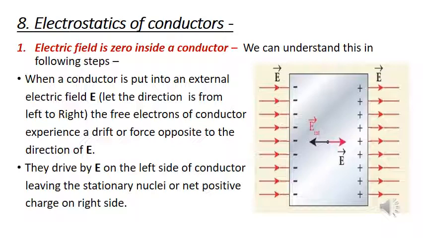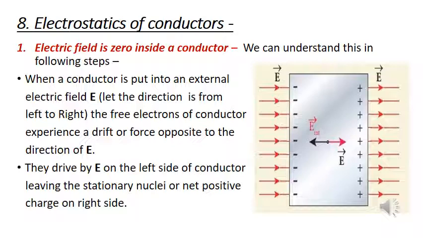Second point is at the surface of a charged conductor, electrostatic field must be normal to the surface at every point. Third point is the interior of the conductor have no excess charge in a static situation.